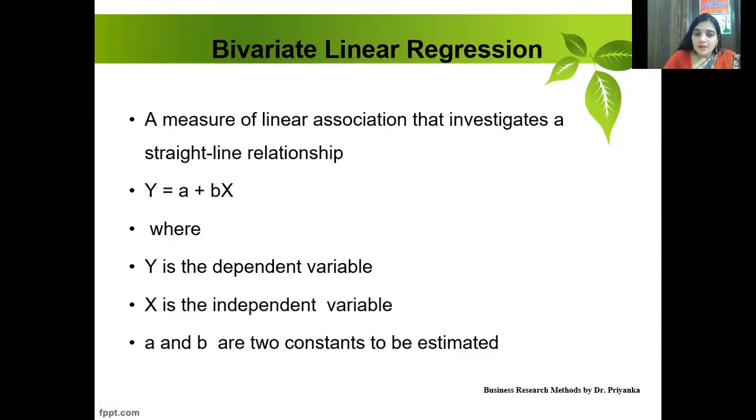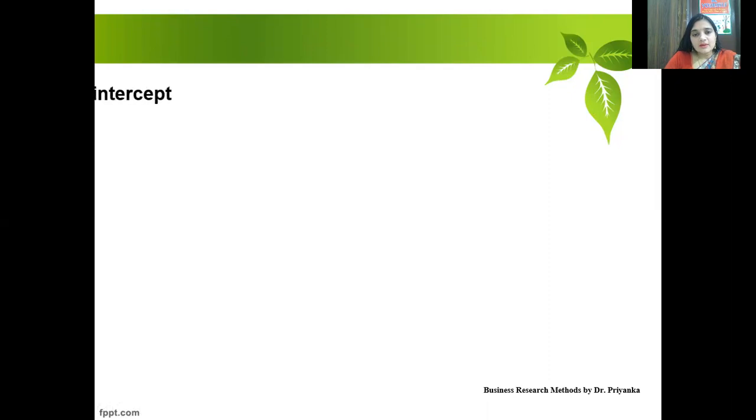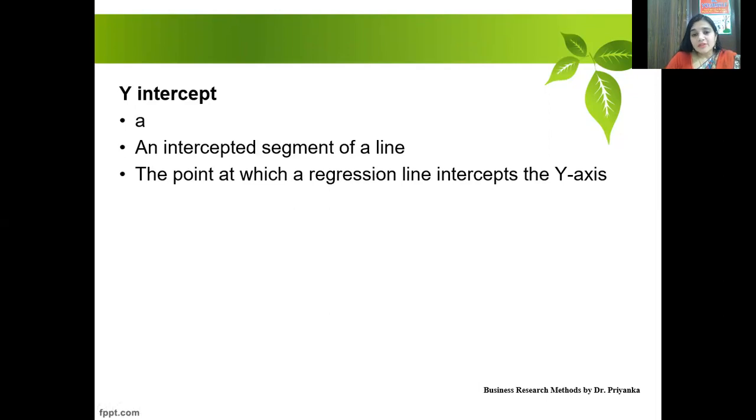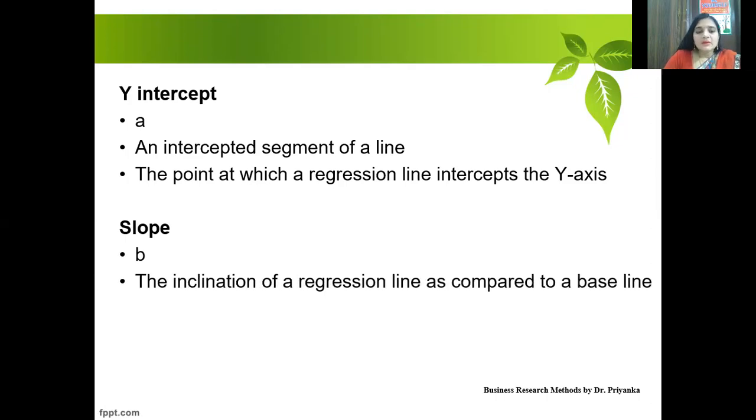A here is the y intercept, the point at which a regression line intersects the y-axis. And slope here is b, which is connected with x. It is the inclination of a regression line as compared to a baseline, that is, rise over run.